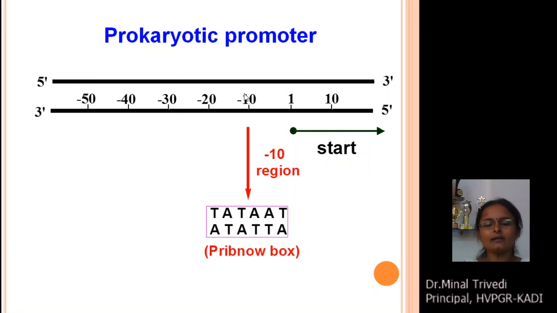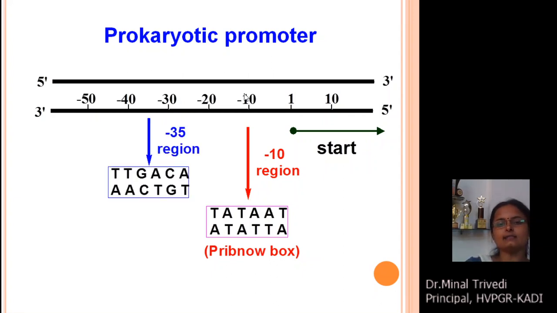This -10 consensus sequence is known as the TATA box or Pribnow box in the bacterial promoter. The second consensus sequence is found in the -35 region. The sequence is TTGACA. These two important consensus sequences give the signal to the RNA polymerase holoenzyme to attach at this location.